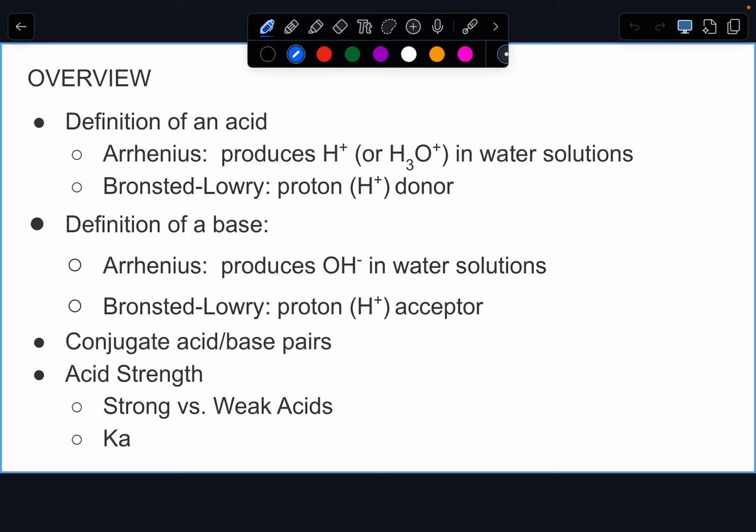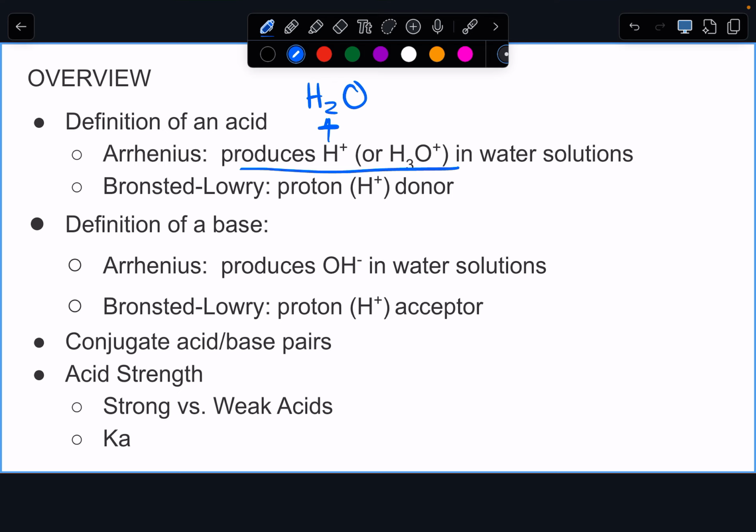So the first one is what products they make. So an acid produces either H plus, or another word we use for H plus is H3O plus. So if you look at water and you add an H plus to it, you get H3O plus. So I was thinking of why do I prefer H3O plus?